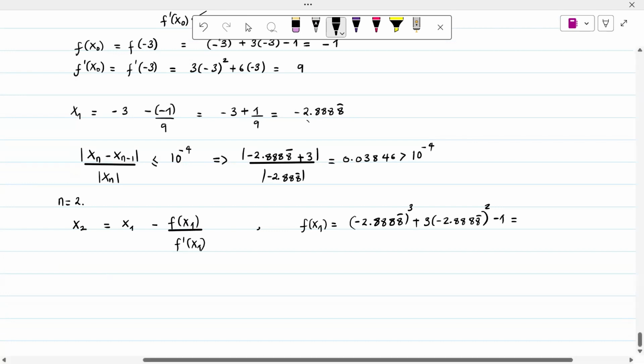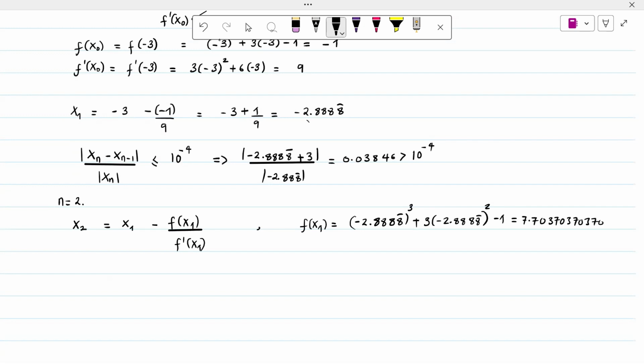So please kindly confirm what you get. I'm getting about 7.70, 370, somewhere there, depending on how many 8s you have put, but it should be in that range.